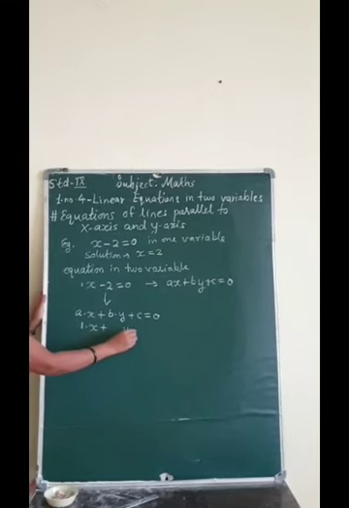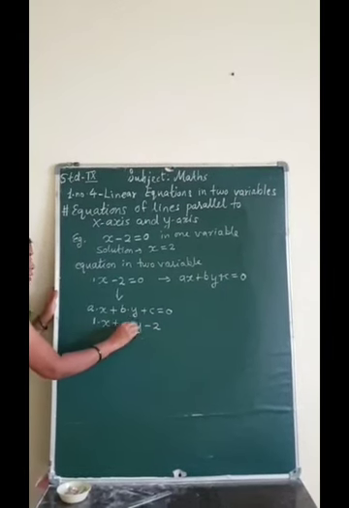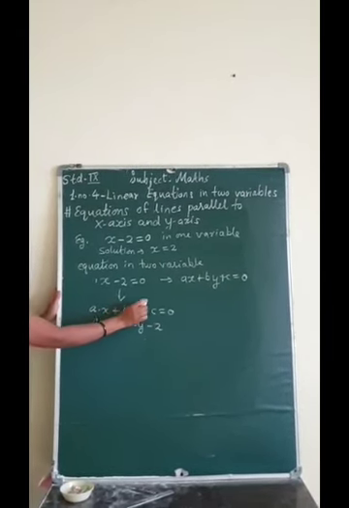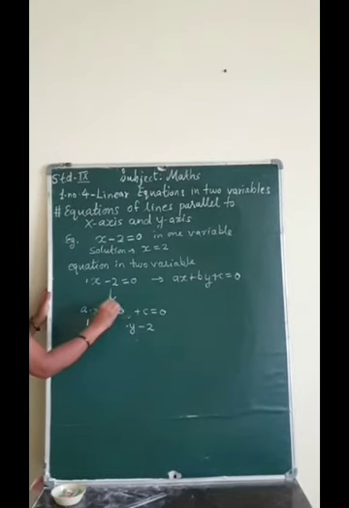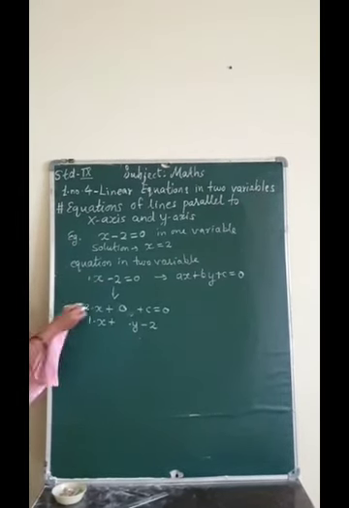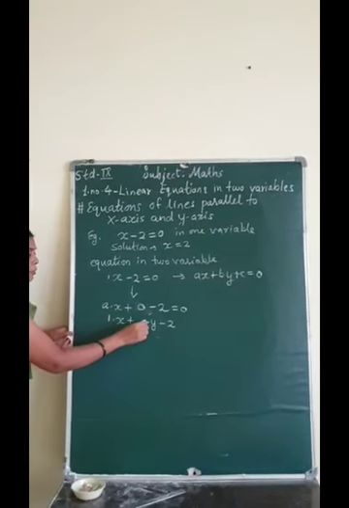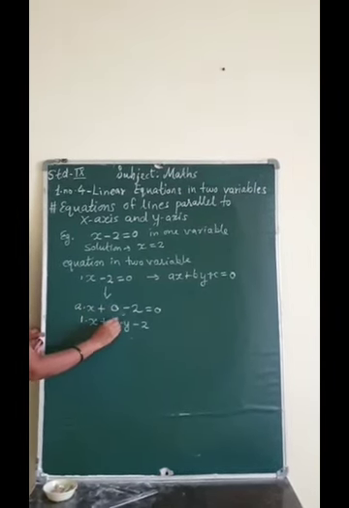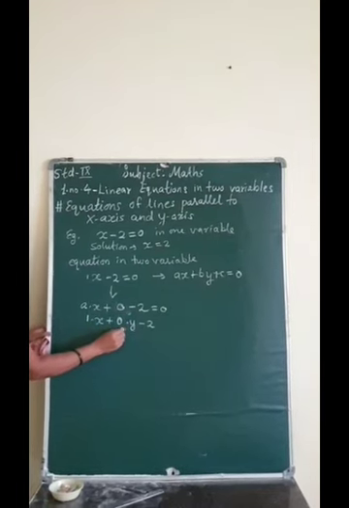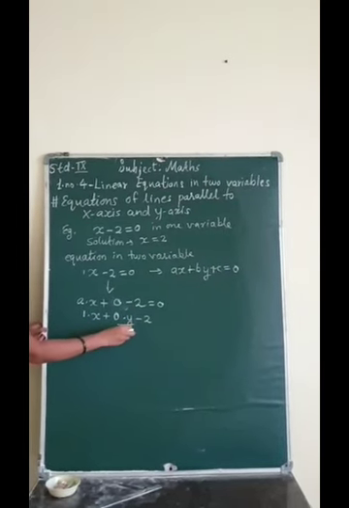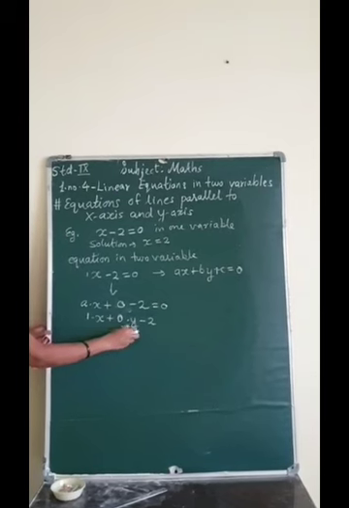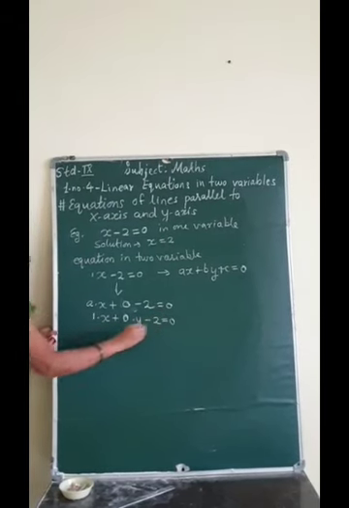Now c is here minus 2. Now this whole term is 0 over here, so here b is 0. That's why this whole term is 0, is equal to 0.